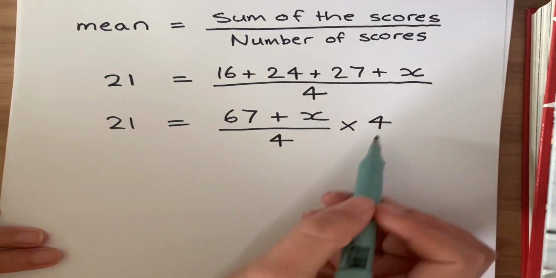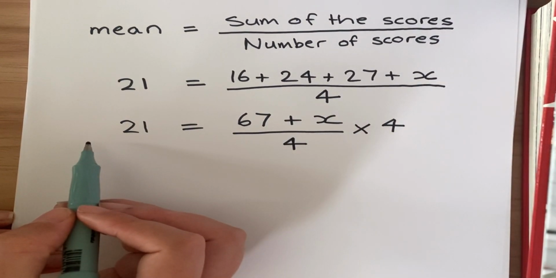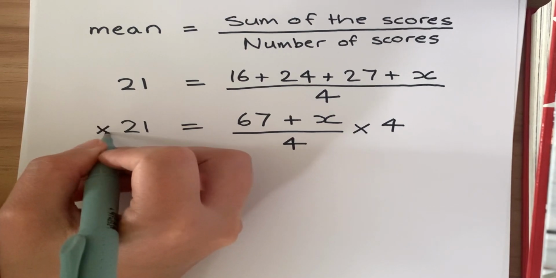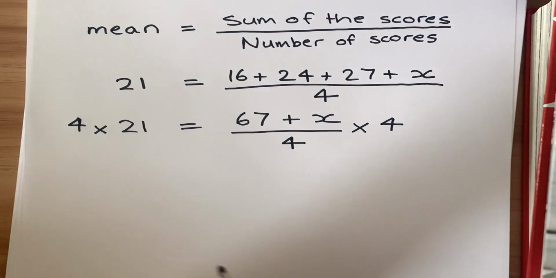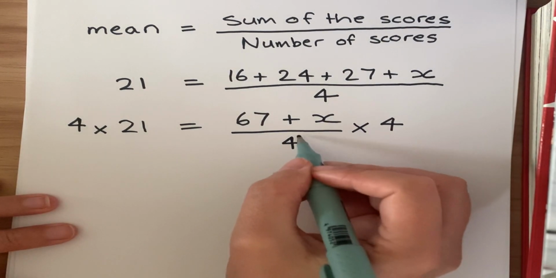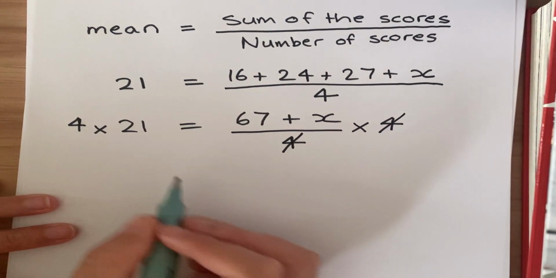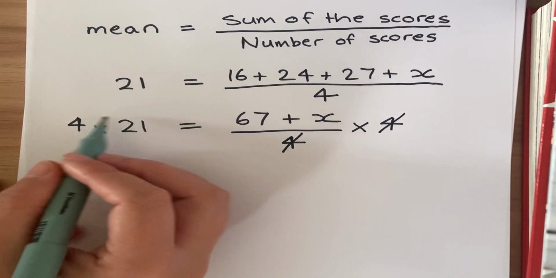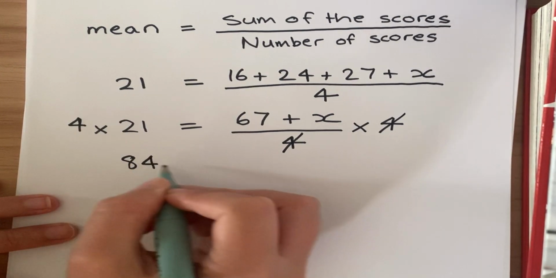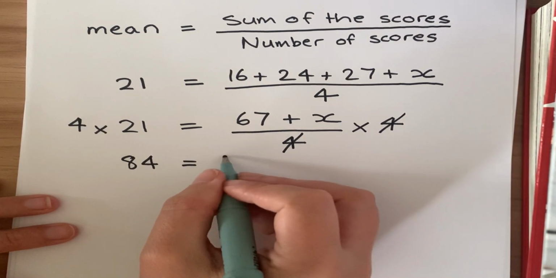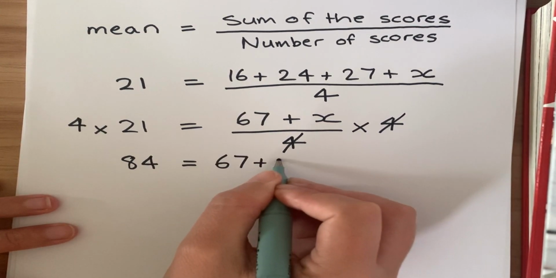So whatever I do to this side, I must do to this side as well. That way it stays balanced, and we need to make sure our equation stays balanced. So these will cancel out, and we're left with 4 times 21 on the left-hand side, which is 84. And on the right-hand side, we're just left with 67 plus x.